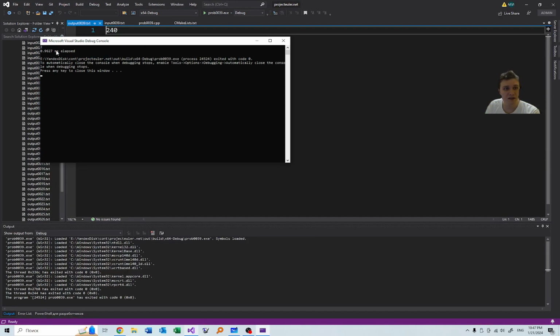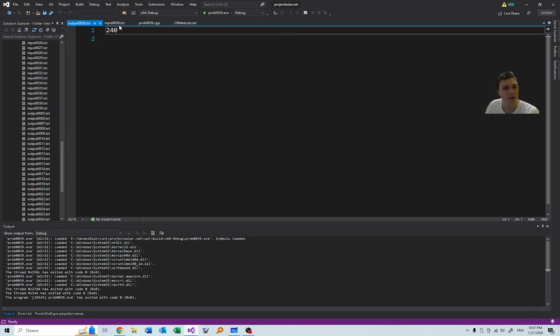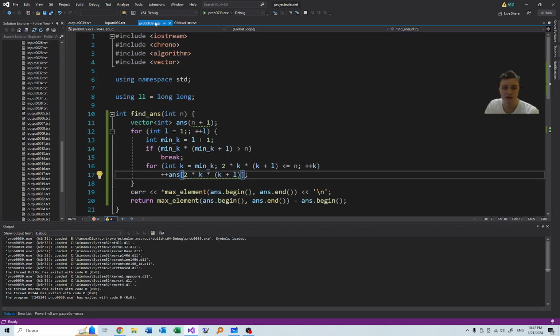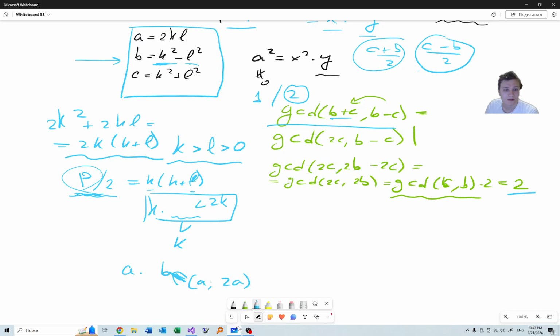Let's see. It says that it has two ways. No, two ways is not correct. It cannot be that there are only two ways. So we have 2k, k plus l, and there are only two ways.